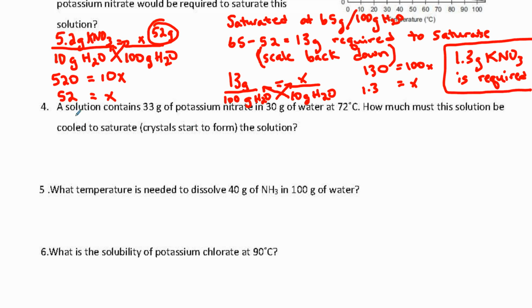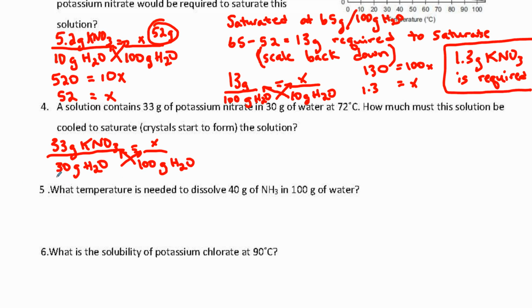Anyway, before you can read the chart, we have 30 grams of water, and we can't read the chart with 30 grams of water. So let's fix that. Let's set that equal to x over 100 grams of water. If you cross multiply, this one is not quite so easy to figure out what x should be, because 30 doesn't go evenly into 100.